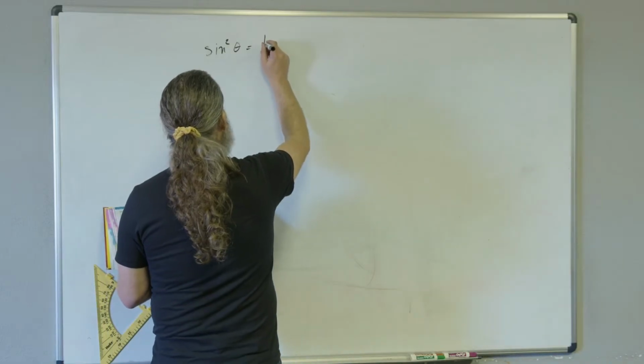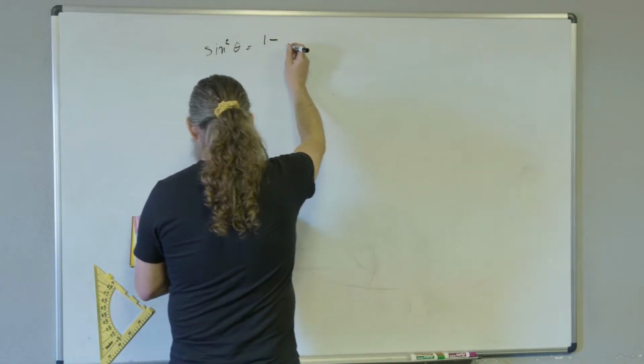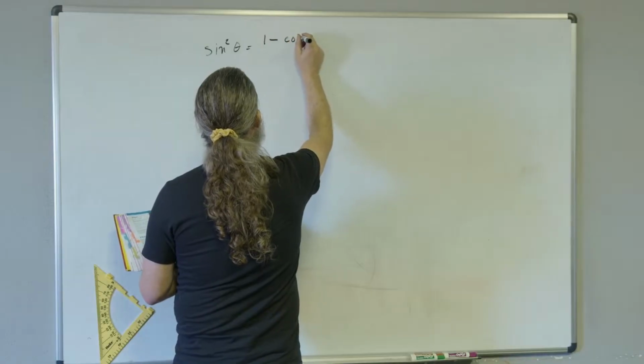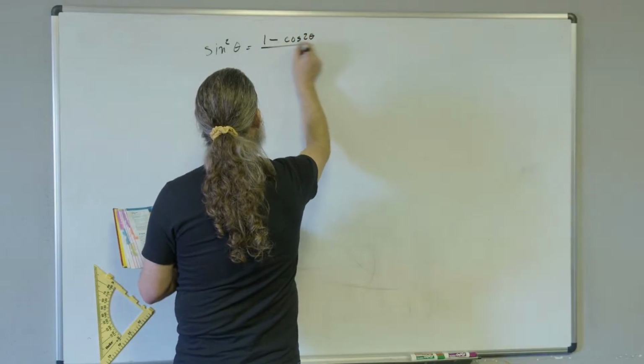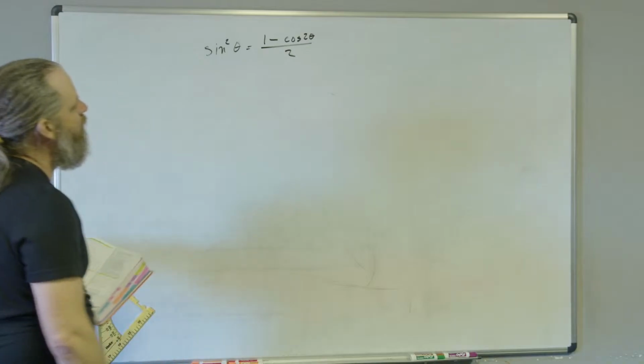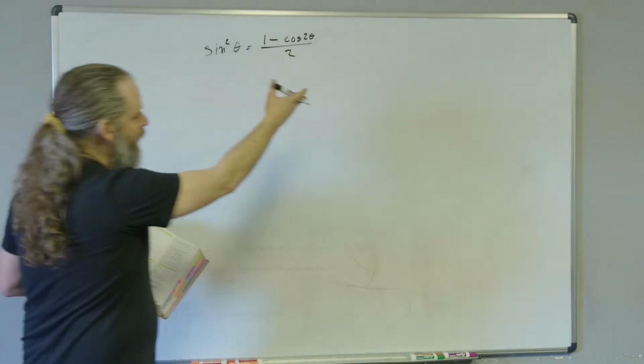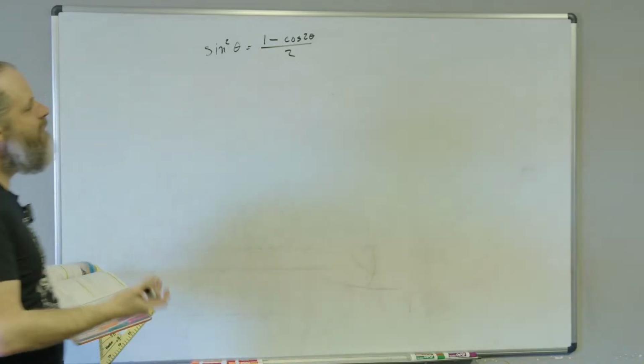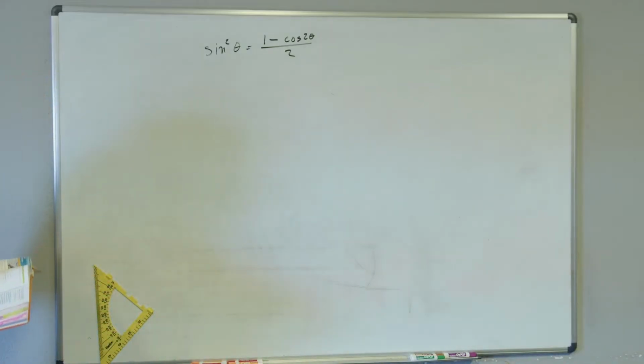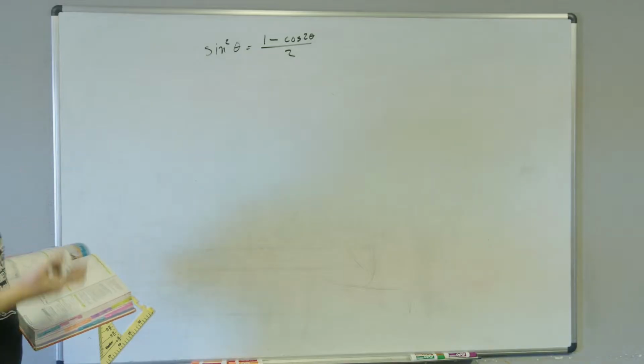We can turn that into 1 minus cosine of 2 theta over 2. So we can have a squared one, go back to double angles, and get rid of the squared. We might have a new problem, but it's changed.